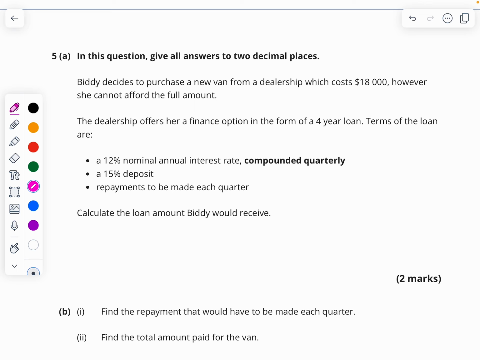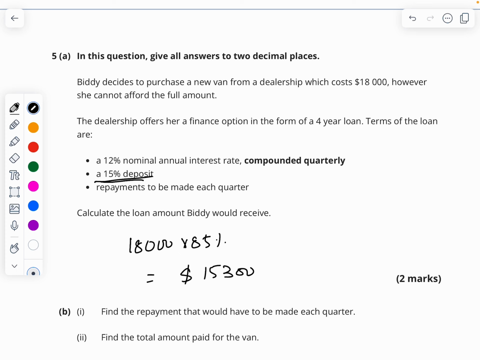The terms of the loan are 12% nominal annual interest rate compounded annually, 15% deposit, repayments to be made each quarter. Calculate the loan amount she would receive, because 15% is the deposit, so she should be able to pay the remaining 85%. So it's going to be 18,000 times 85%, which is 15,300.